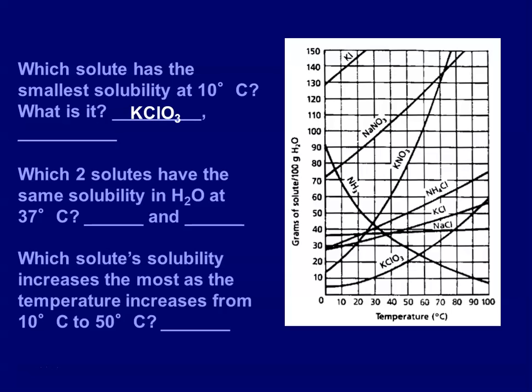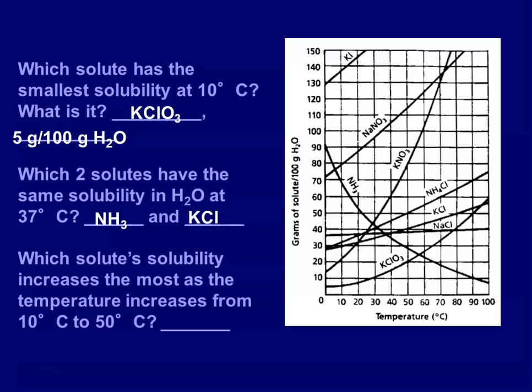And its solubility would be around 5 grams. It's between 0 and 10 per 100 grams of water. Which two have the same solubility in water at 37 degrees? So I would go find 37 degrees Celsius, and I want to move up to where I see two curves overlap. And it looks like that happens at NH3 and KCl. NaCl looks just slightly above those.